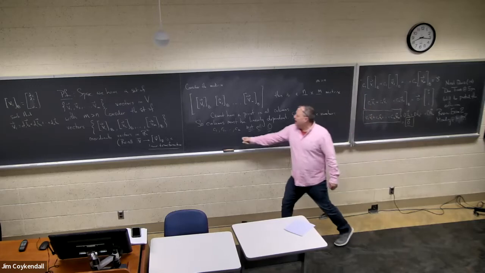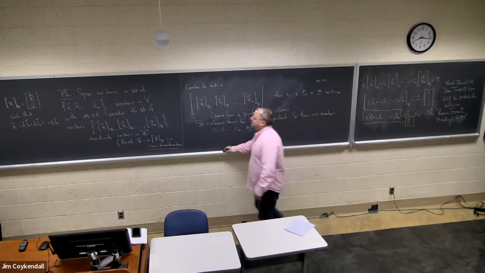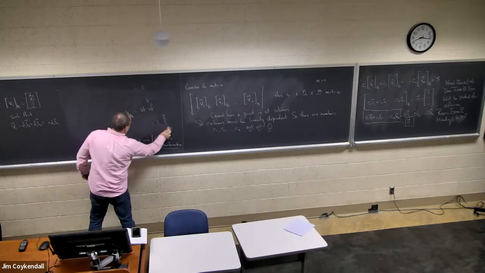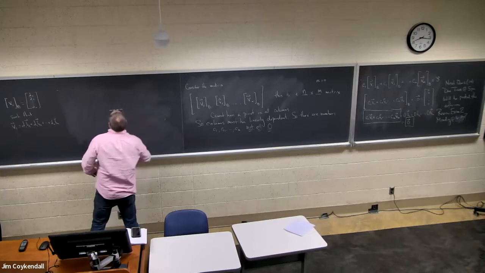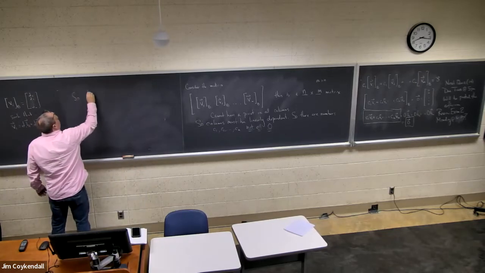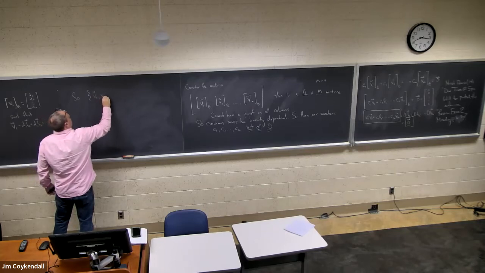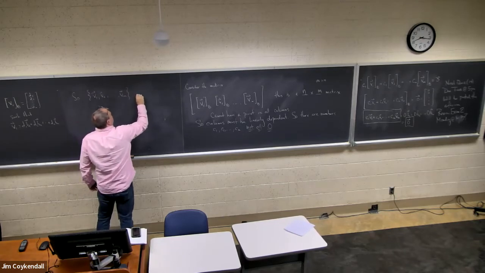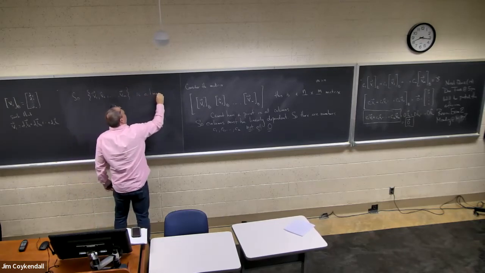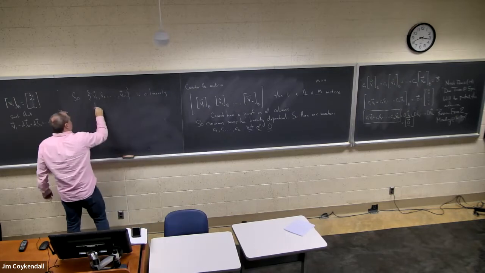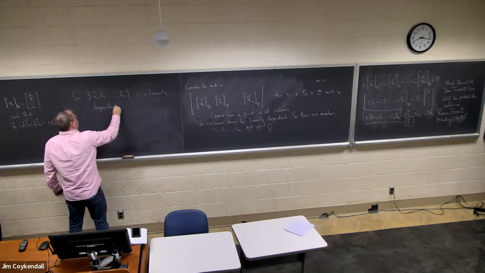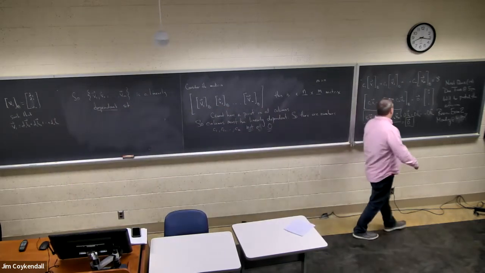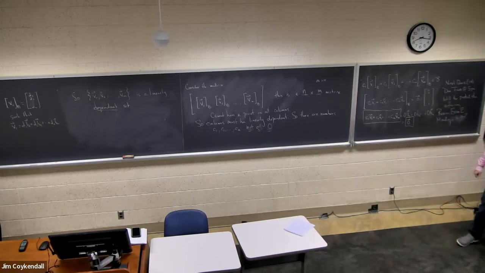Remember, the Ci's are not all zero, and so we must conclude that the vectors, even in the original space, are linearly dependent, because there are non-zero C's such that the linear combination of this is zero.